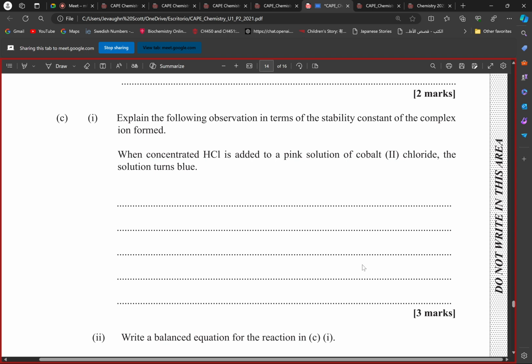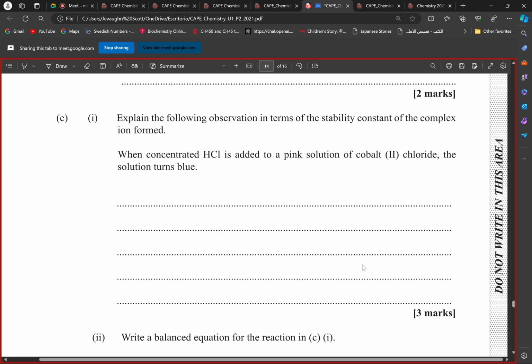Okay. So sir, the chlorine from the hydrochloric acid would oxidize the cobalt.